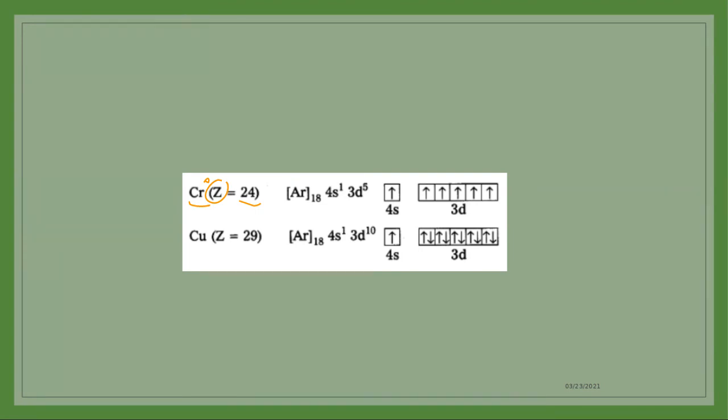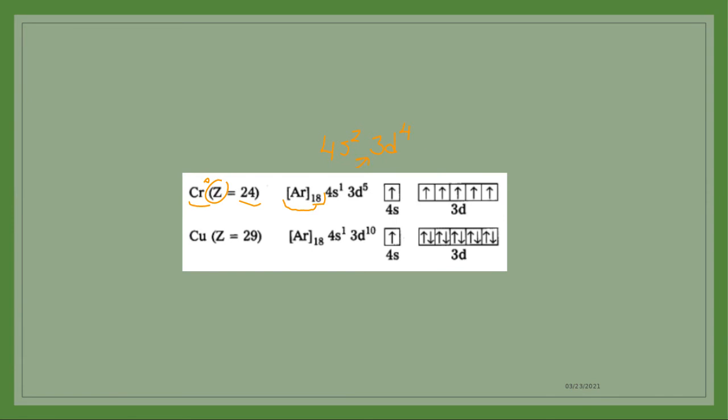When you write the electron configuration until argon, it is 18, and then this is the 19th, adding 5 more electrons, that will be 24 electrons. And here they don't write 4s2 3d4.